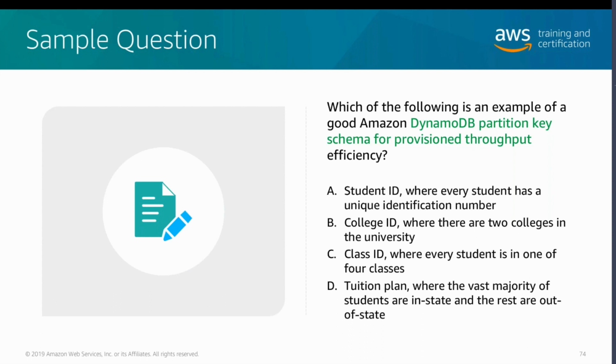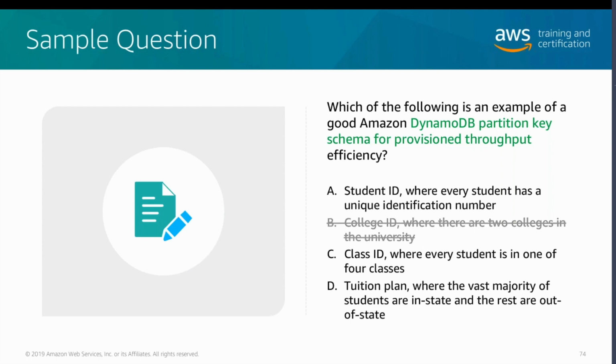So student ID, where every student has a unique identifier. That's interesting. A lot of students would be a high number of unique values. College ID, where there are 2 colleges in the university. Well, if that was the partition key and there are only 2 of those, that's not going to give us really good distribution. Maybe not that one. Now let's rule that one out.